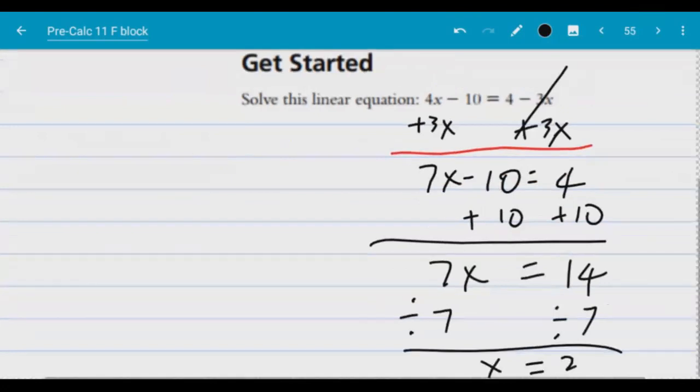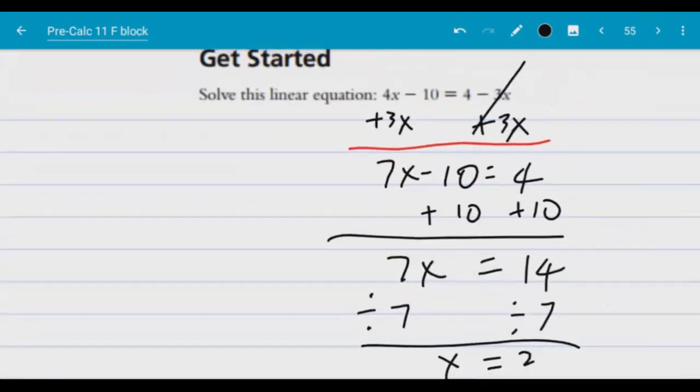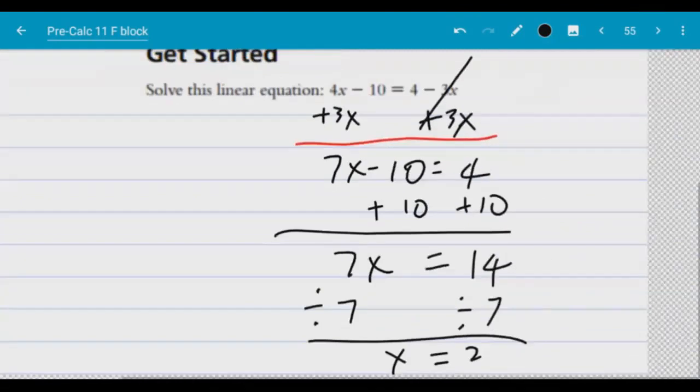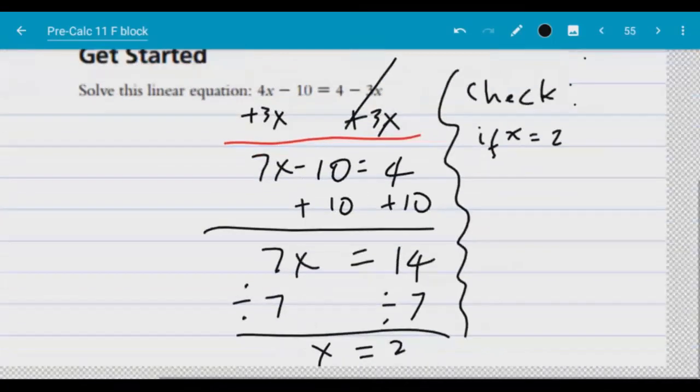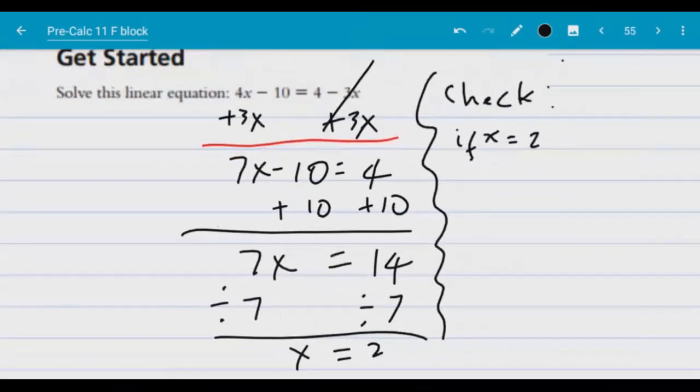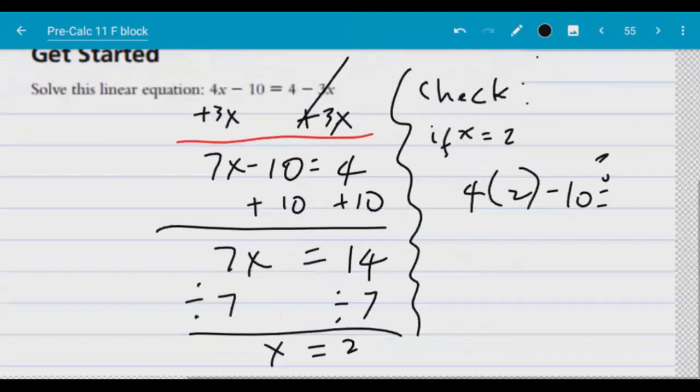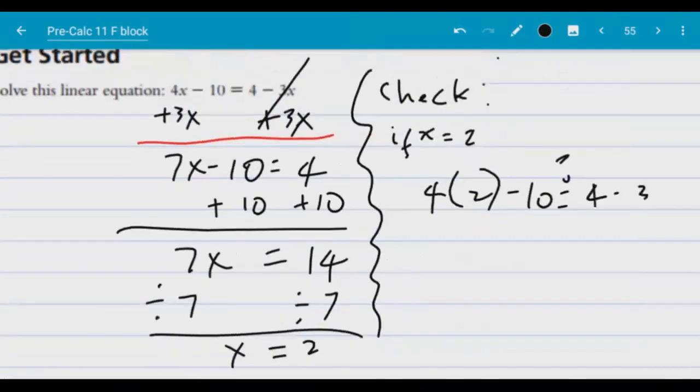I strongly encourage you that when you do this, always do the check part. The check part, or verify, is when you try to figure out whether it actually works. If x is equal to 2, then 4 times 2 minus 10, is that going to be equal to 4 minus 3 times 2?